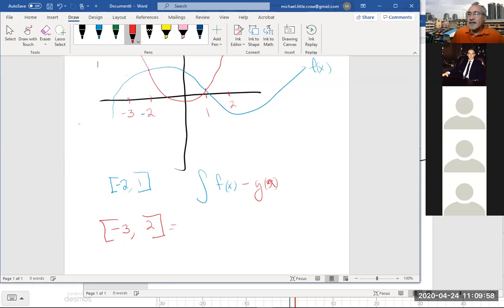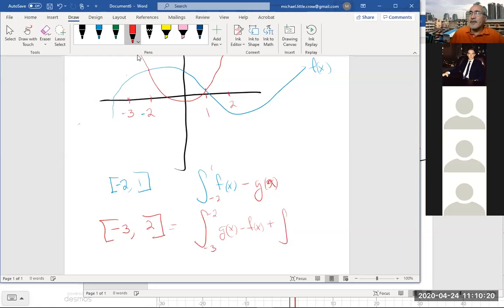Actually let me finish this one. This would have gone from -2 to 1 and we're all good. This one will go from -3 to -2, where g of x is on top, minus f of x.